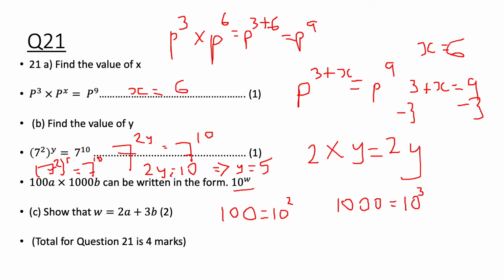Therefore, this can be written as 100 to the power of a is going to be 10 squared to the power of a.